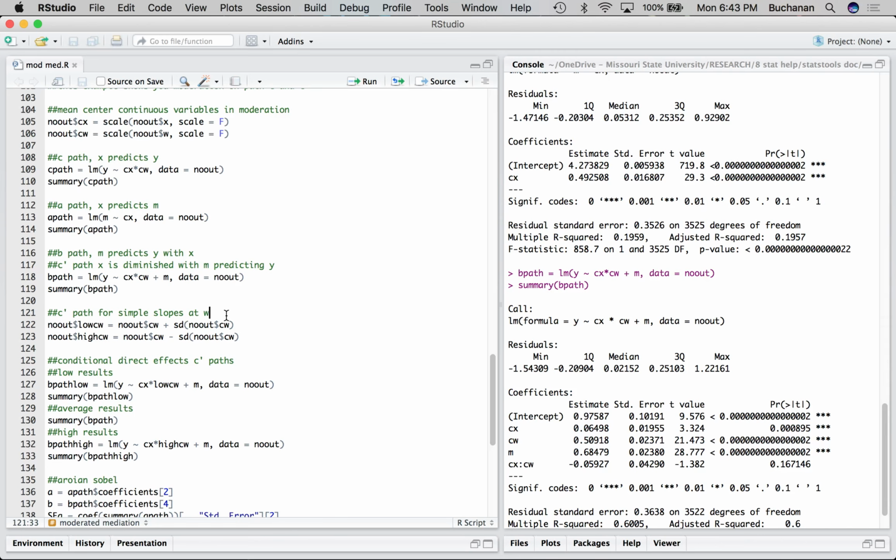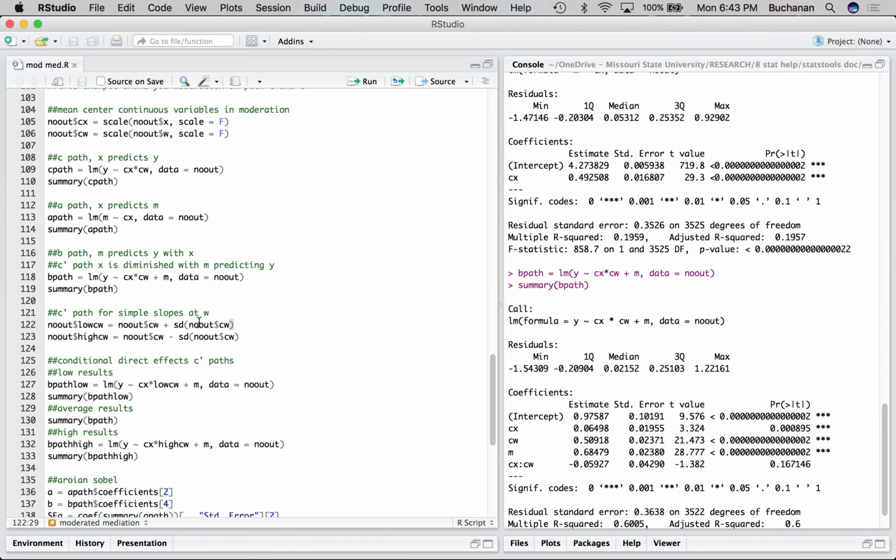And that is okay mathematically because a linear transform of a variable doesn't really change the results for the other variables. It will change X, but it won't change W or the interaction. If those numbers are changing, you're doing something wrong. Okay. So what we're going to see is that W here and the interaction will stay the same. X is going to move around.